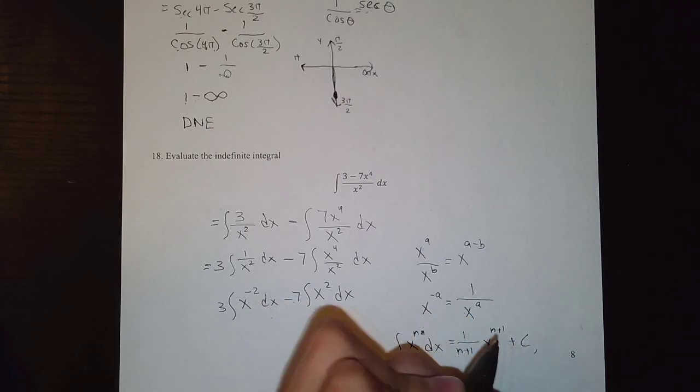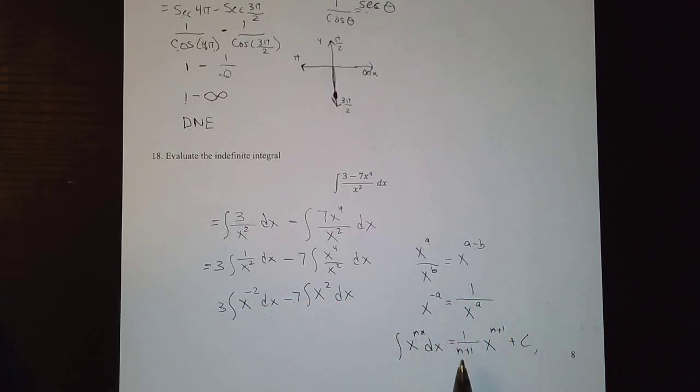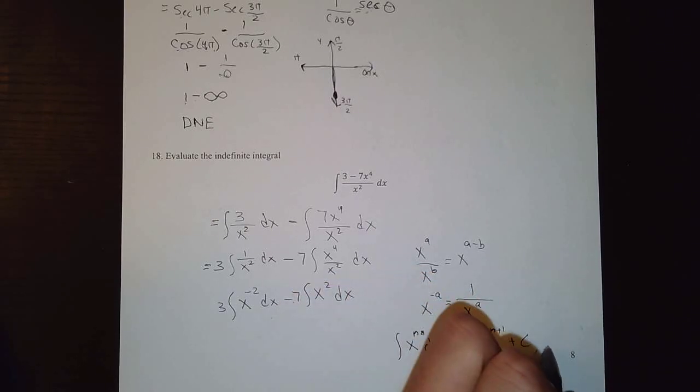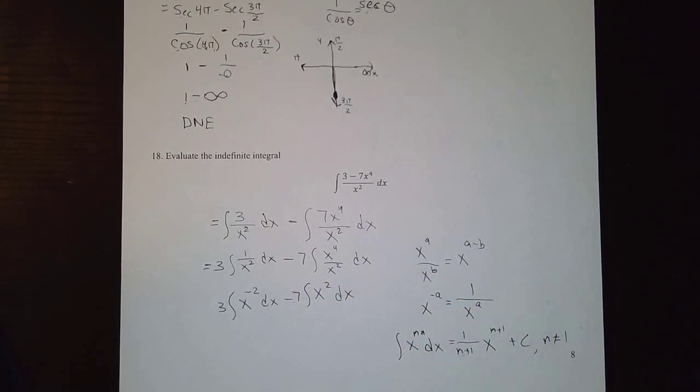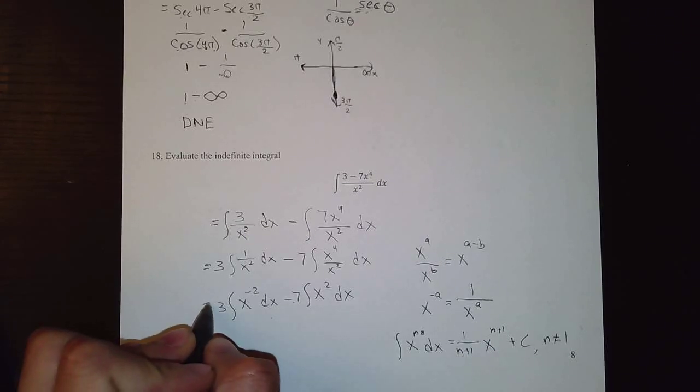But we also have to note that because of this denominator, N cannot equal negative 1. We'll figure out later in the course what exact rule applies when n equals negative 1. But for now, let's just rewrite.